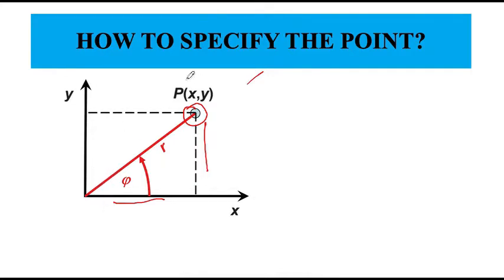Instead of specifying the distance to move along x and y, why not specify the distance from the reference or origin to the house and the angle of the road, assuming that there is a road at that particular angle. So what is the angle of the road that I have to take in order to reach that house?